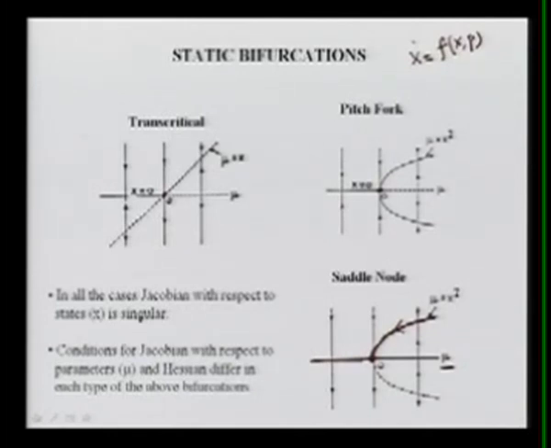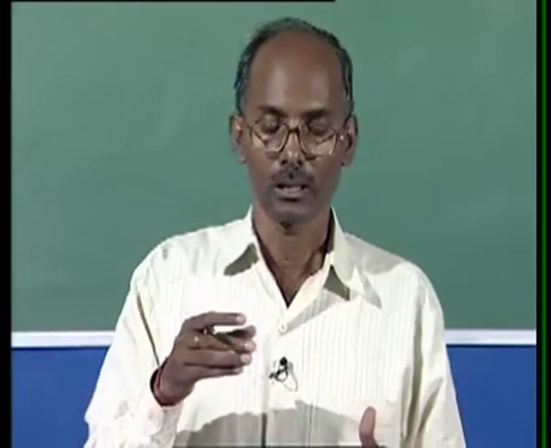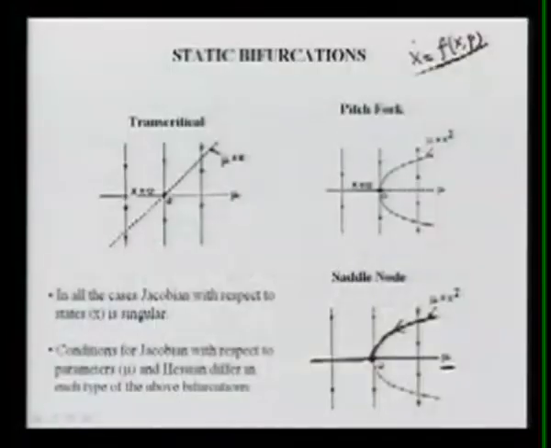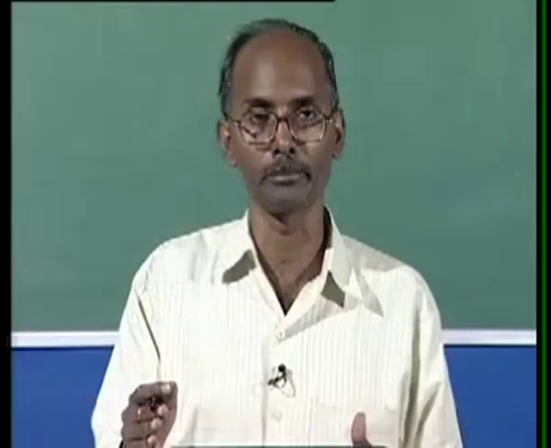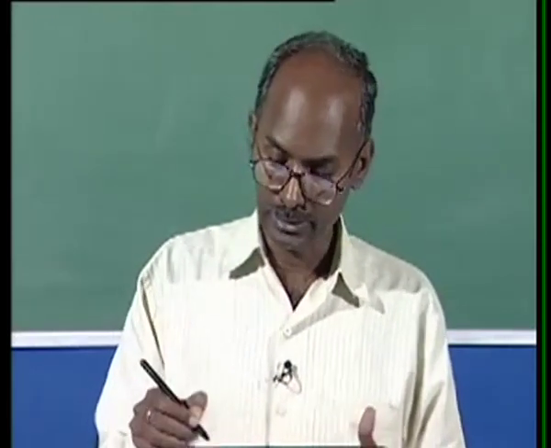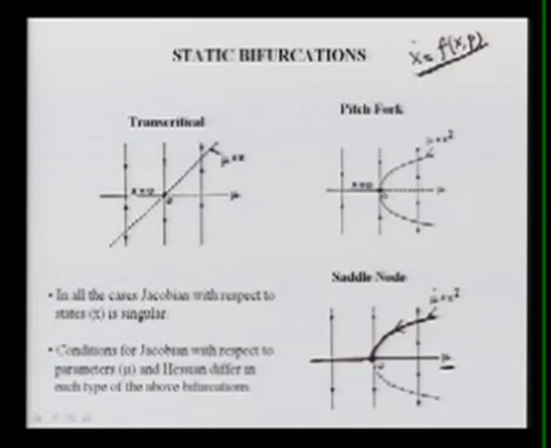For example, let us suppose it is a load or mu that I have considered, and x is the state vector describing your state. If it is a dynamic system, x dot is nothing but dx upon dt, that is changing with time. Now, for the saddle node bifurcation, the first condition is f at 0, 0 is equal to 0.